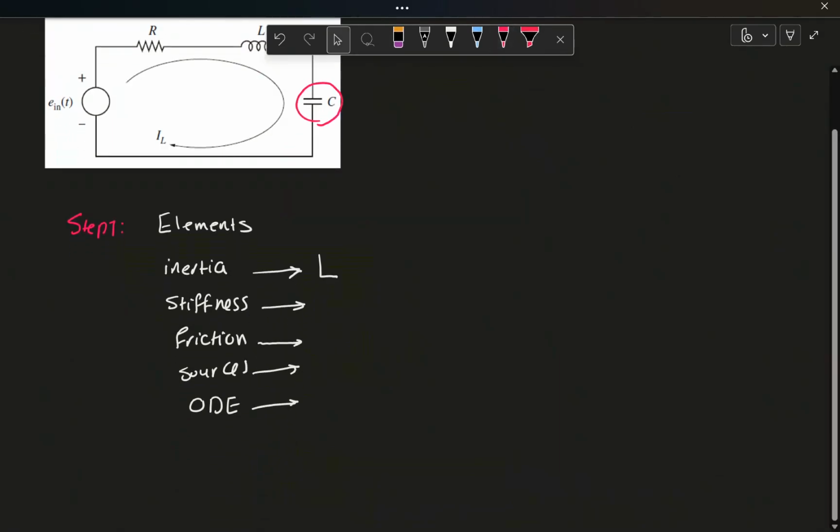I have one capacitor here, and I'm going to list that capacitor as my stiffness element. Friction elements were the resistors. They are responsible to kill the energy in the system. So that's going to be my resistor. And the source for this system is external voltage, which I'm going to show with En.